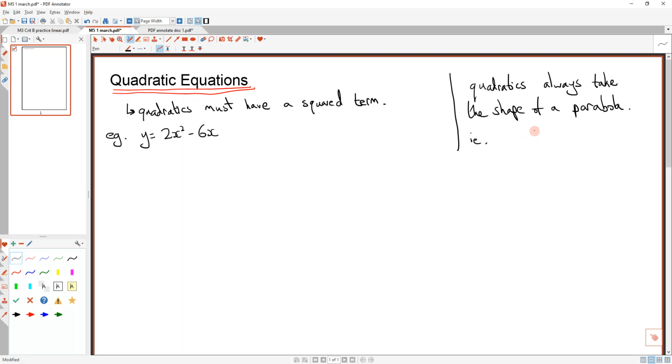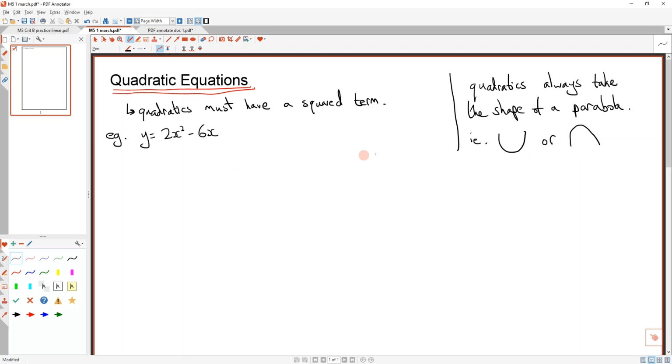It's a U, pretty much. Either a U or a happy face or a sad face. Quadratics will always take one of these two shapes.